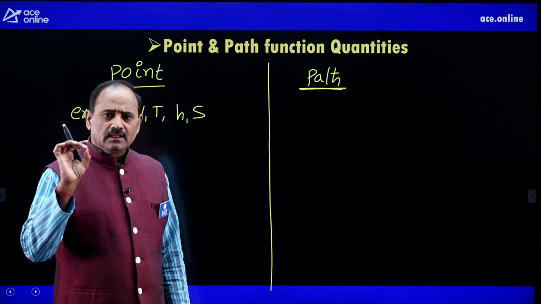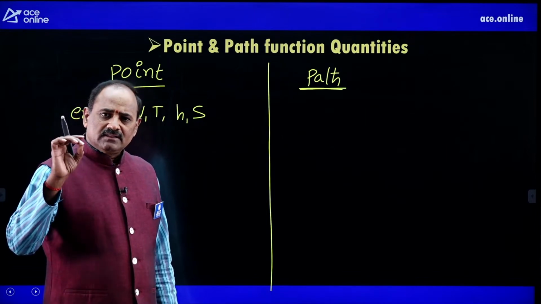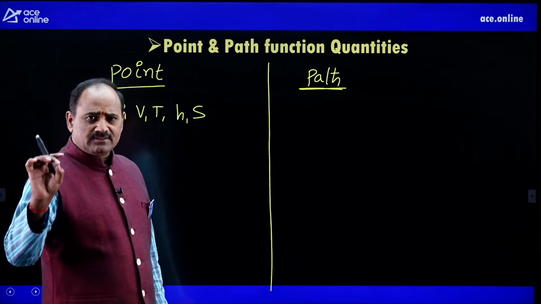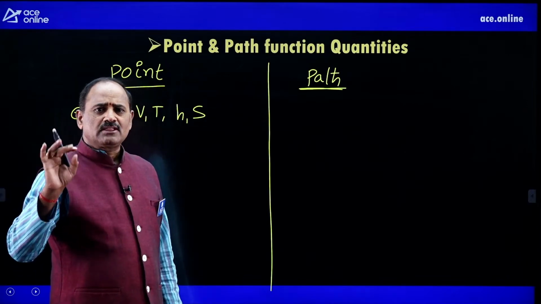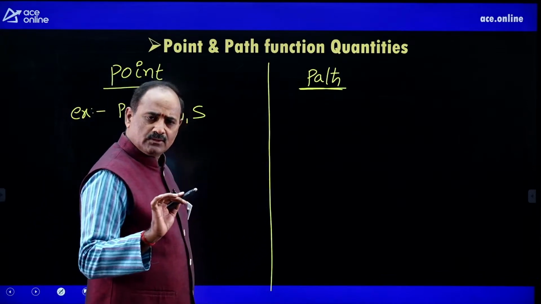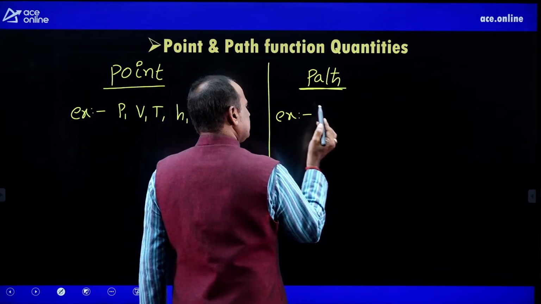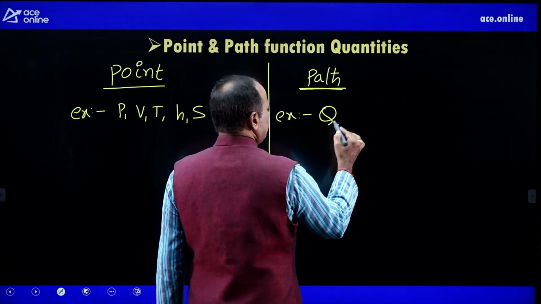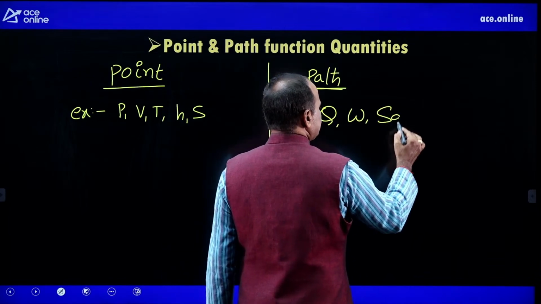Once again, the quantity which is not only depending on the initial state and final state of the system, but also the history of the process or path followed by the process, is called path function quantity.